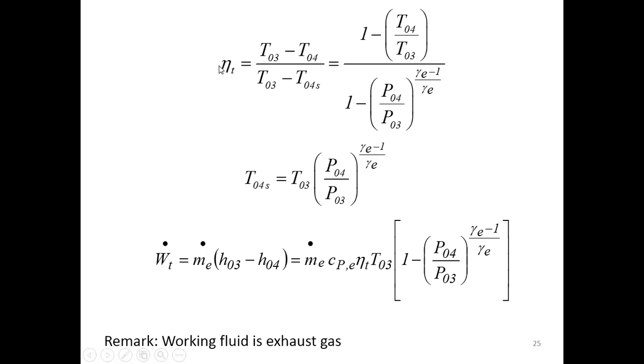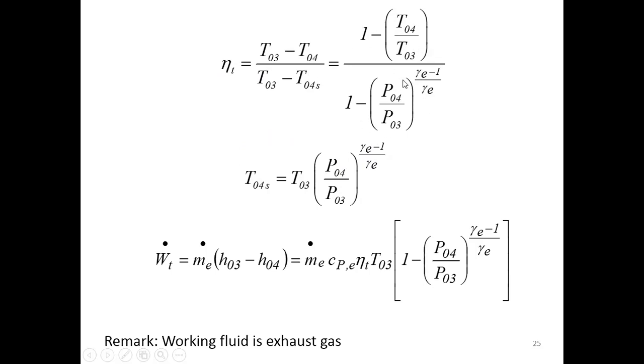We can do this because we have this relationship, which is the isentropic relationship between T04S and T03, with the expansion pressure ratio that happens in the turbine here.